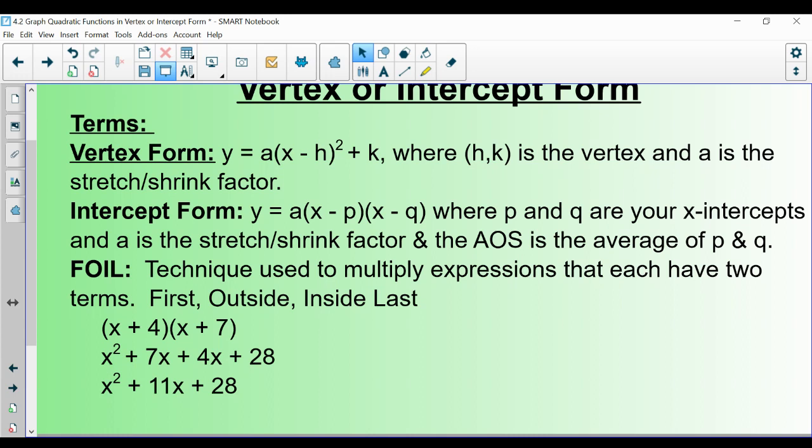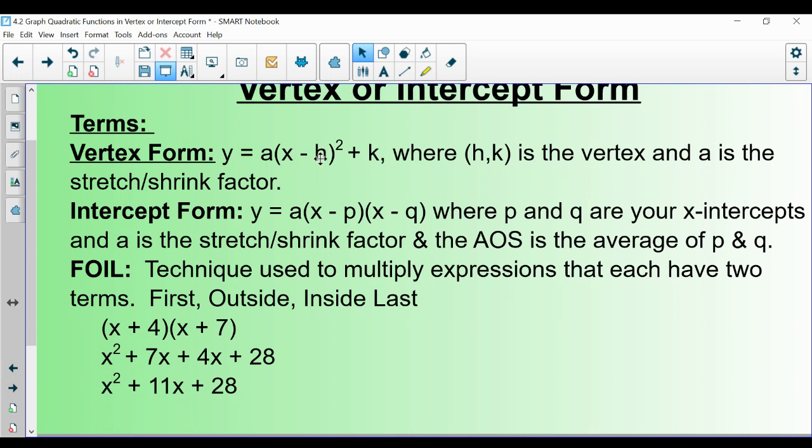Vertex form should look very familiar to us. These three letters, A, H, and K, as promised, are going to keep repeating themselves, and they are thought of as transformations. Just like we did with absolute value functions, the K is going to be your vertical shift, and it will shift up and down the way that you think it would.